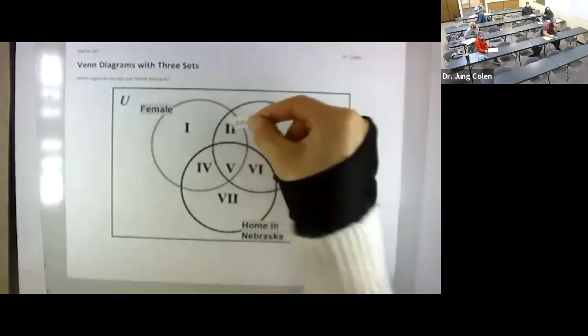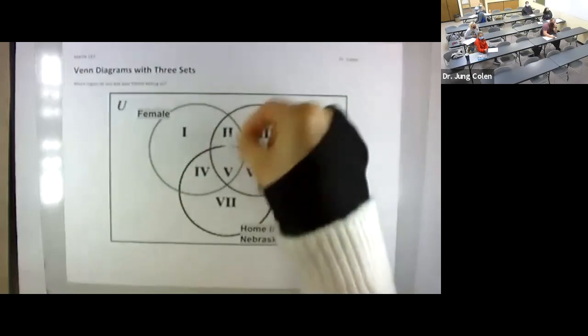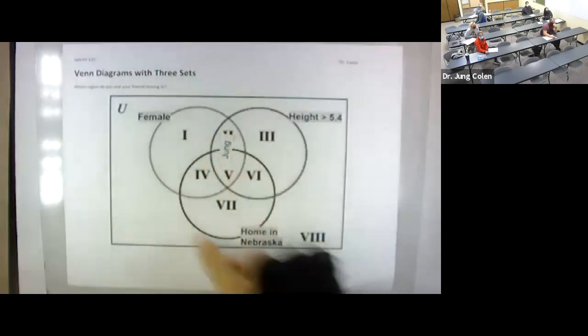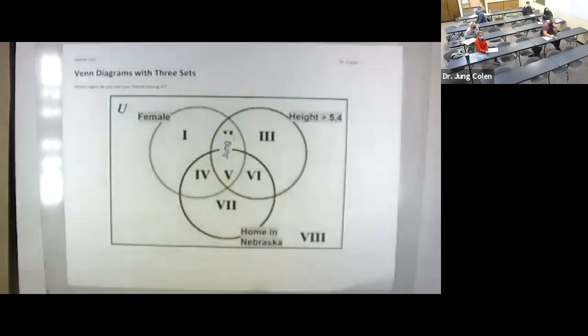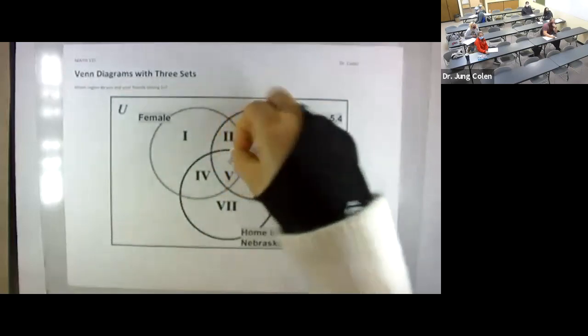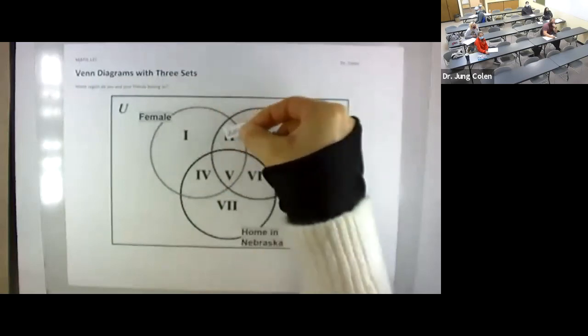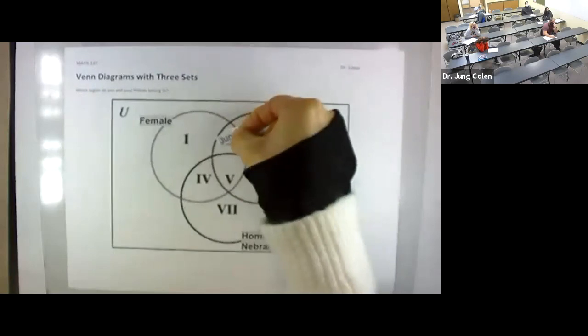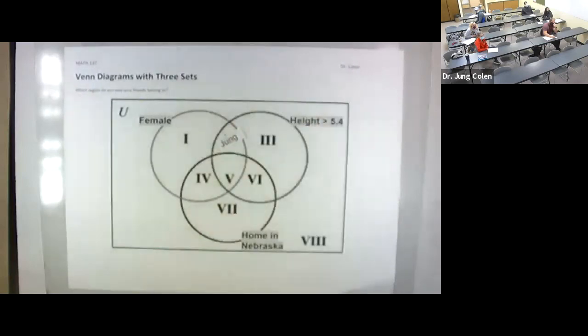So either 2 or 5, and I need to decide where I go. And the third reason here, my home is in Nebraska, so I have to be outside of this set. So I go region 2. Make sense? Okay. So are you ready?